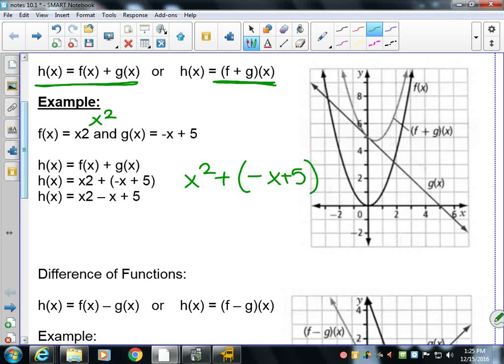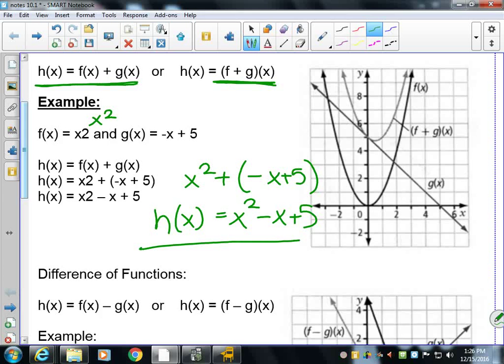If we add them together, this gives me a new function, h of x, equal to x squared minus x plus 5. You just simplistically add it, okay? If there was an x in one and an x in another one, it would become 2x then, okay?